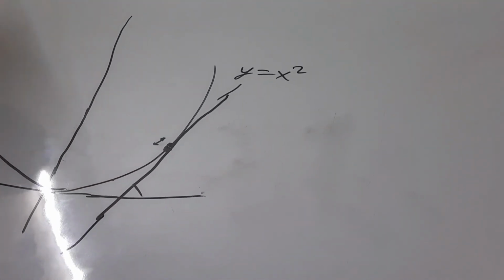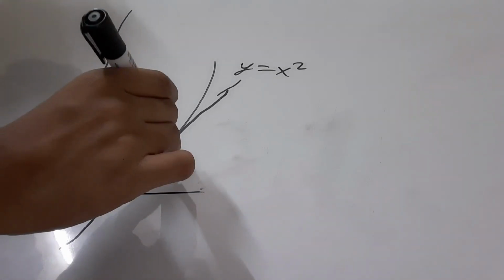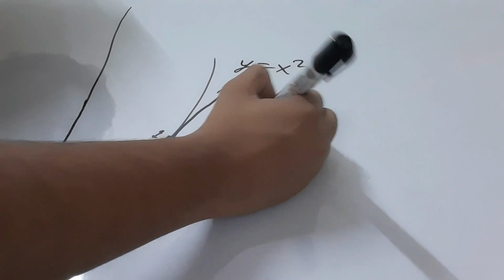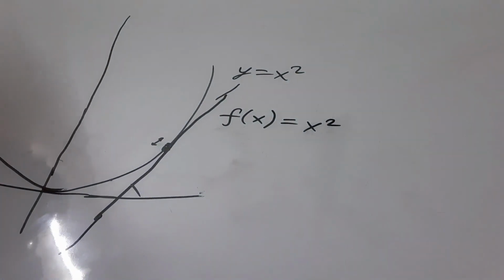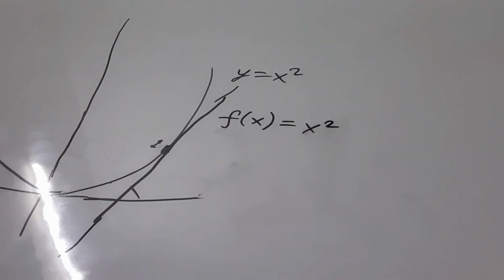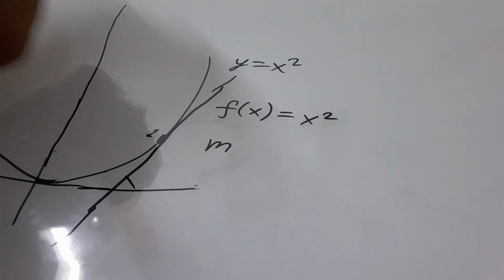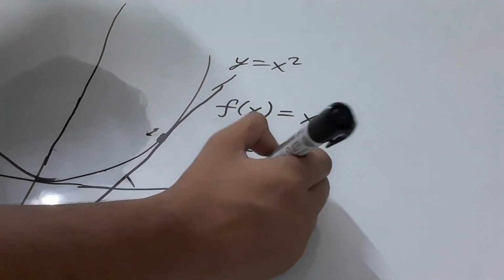Let's see how this works. Let's replace y with f of x is equal to x squared. Let's call x squared f of x, a function of x. Now we know the slope, represented by m, is the change in y upon the change in x.